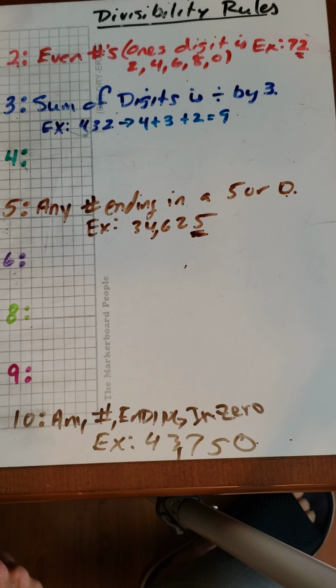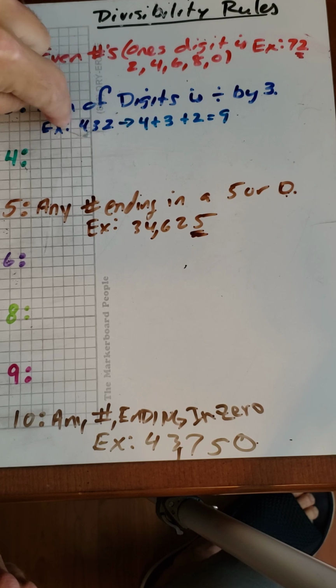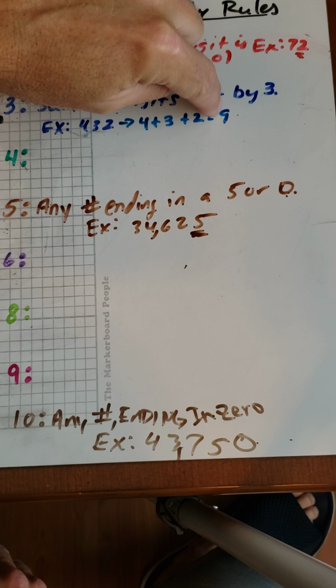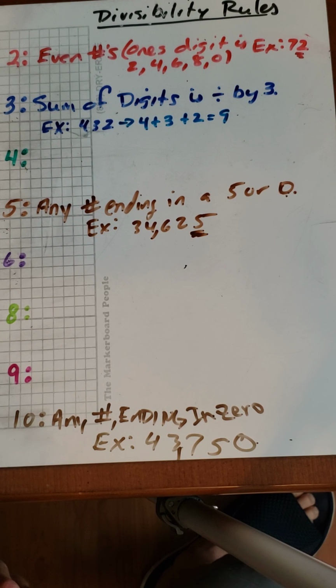So all you have to do is add the digits together, and if that sum is a multiple of 3, then it's divisible by 3.